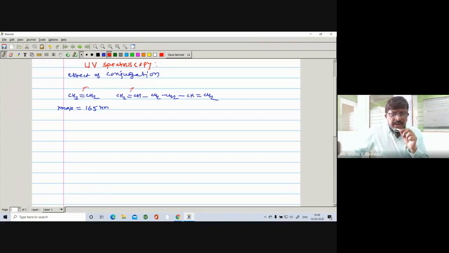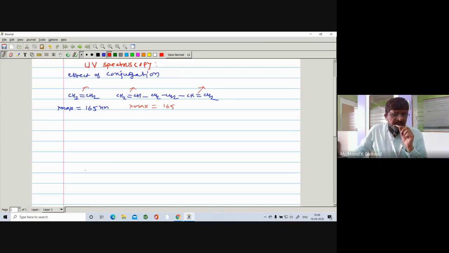It also contains another carbon-carbon double bond, that is a pi bond, and these pi bonds are not in conjugation. If you see lambda max for this one in the UV, it also appears at 165. So even though there are two pi bonds, since they are not in conjugation, it appears at 165. Both pi bonds appear at 165, right?